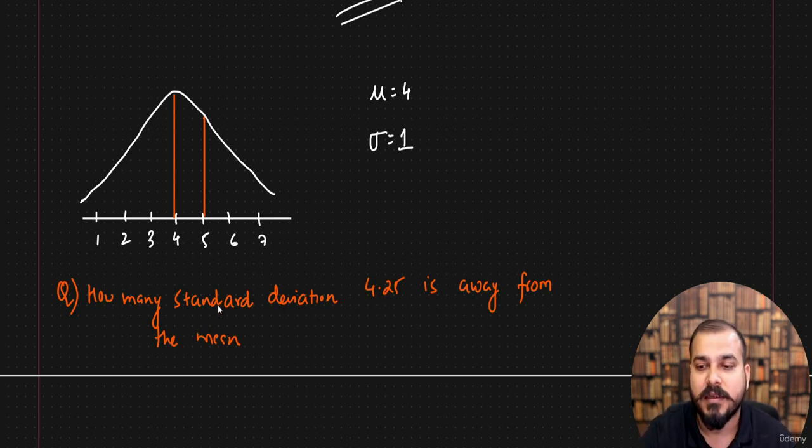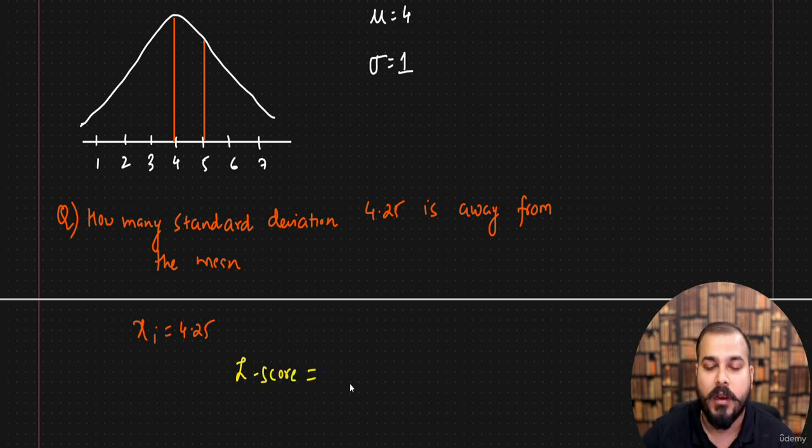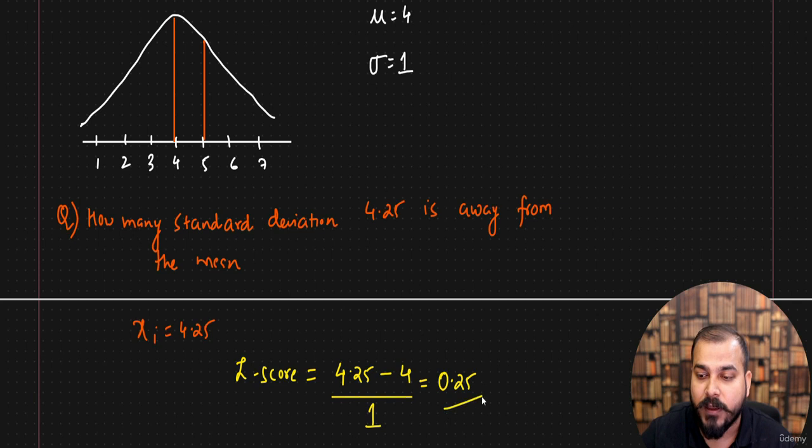In this case, my x of i is nothing but 4.25. Now, if I apply my z-score formula, what will happen? 4.25 minus the mean, which is 4, divided by the standard deviation, that is 1. So here I'm getting 0.25. This indicates that 4.25 is 0.25 standard deviations away from the mean.